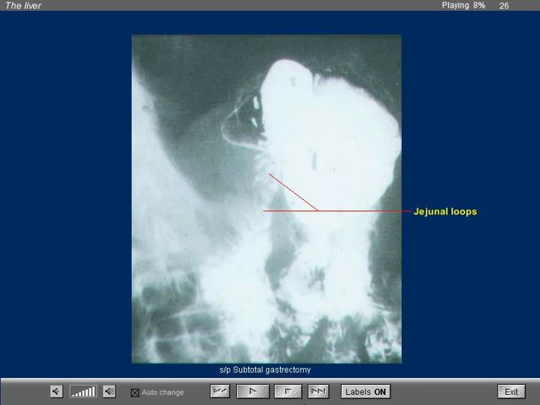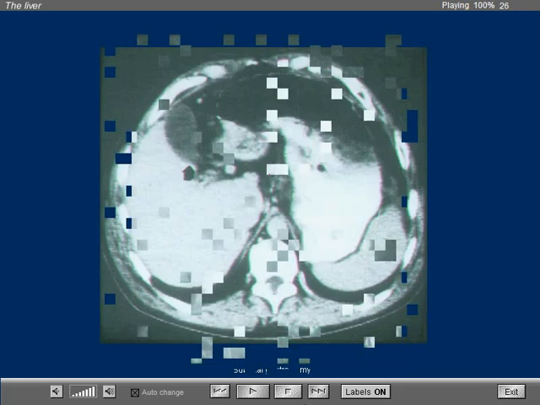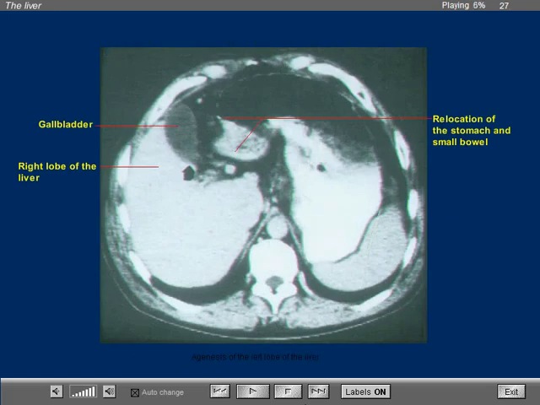This is a patient who had a partial gastrectomy, and on contrast studies of the upper alimentary tract, a very high position of jejunal loops was observed. Was this due to a technical surgical error, or could this represent an anatomic variation? A CT of the abdomen revealed agenesis of the left lobe of the liver.